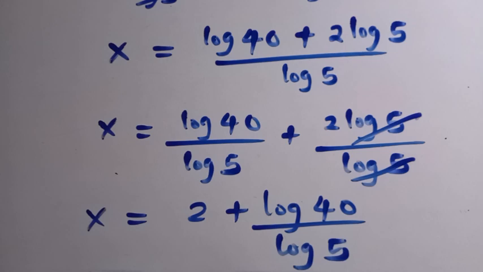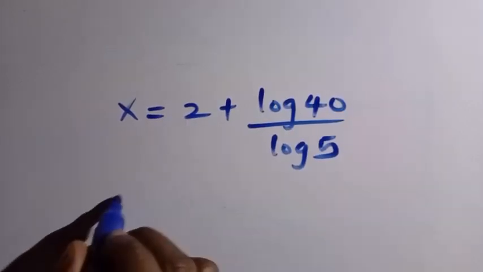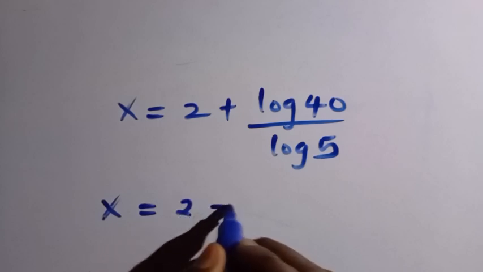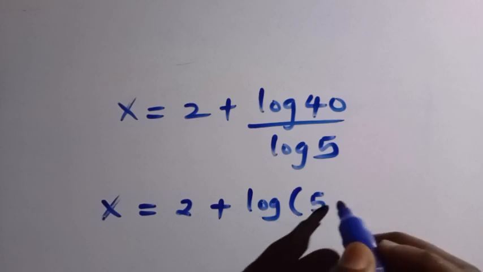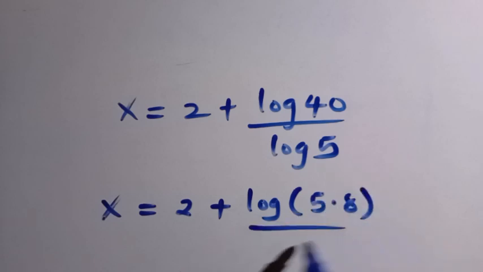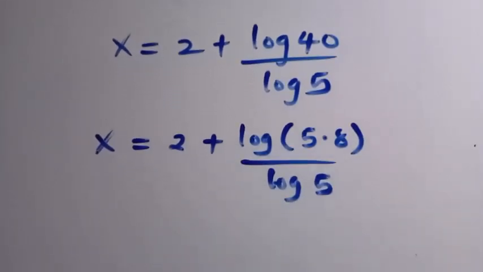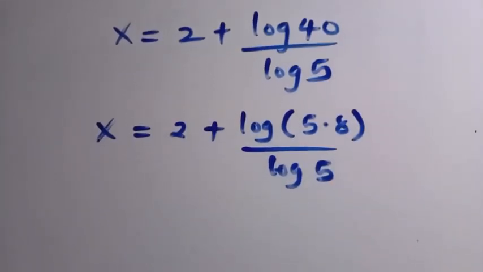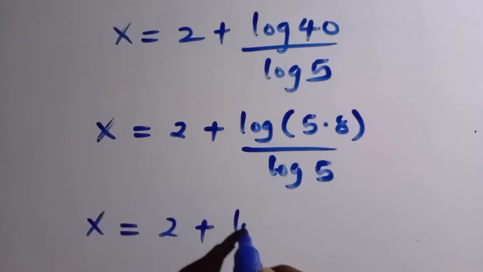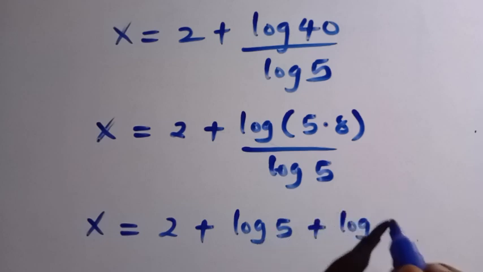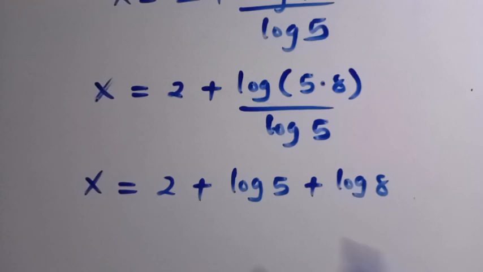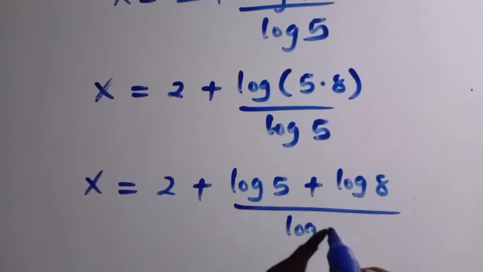So in the next step, x equals 2 plus, we can also break this 40 into 5 multiplied by 8, divided by log 5. And here is a product, which we can still apply the rule I applied above. We change this to x equals 2 plus log 5 plus log 8 divided by log 5.